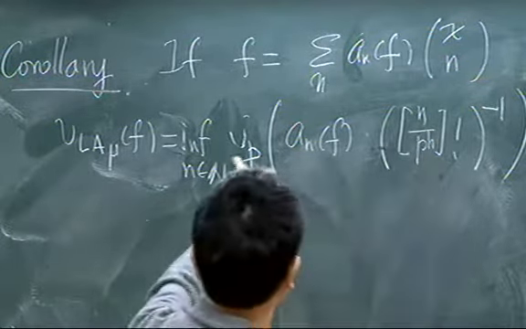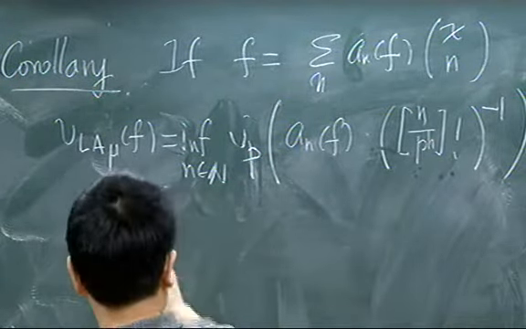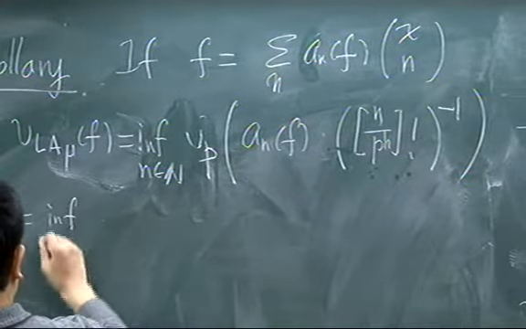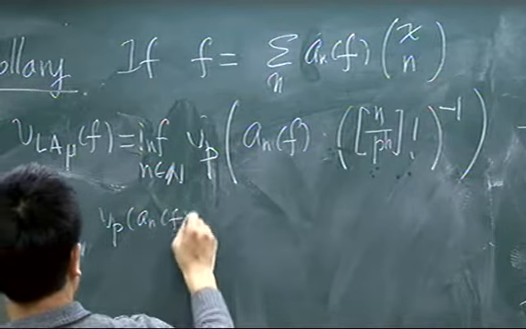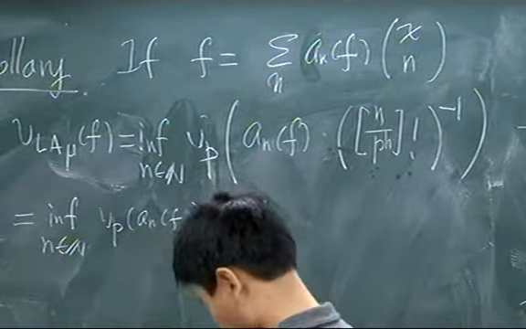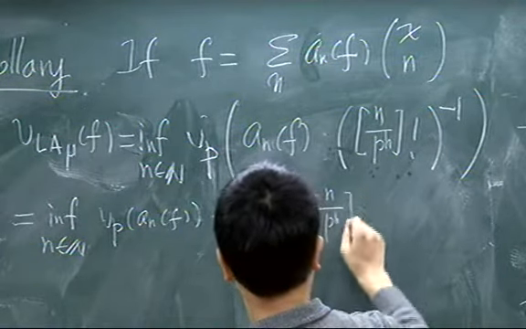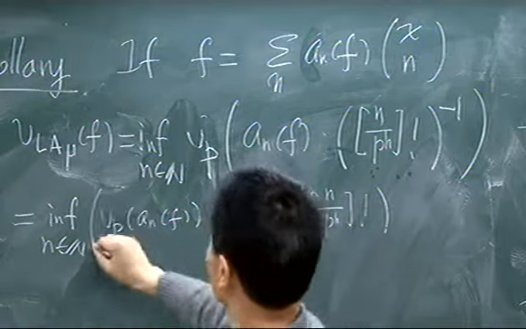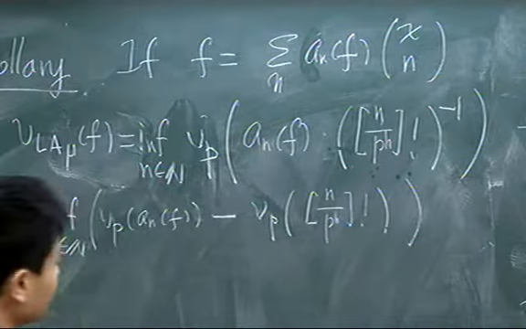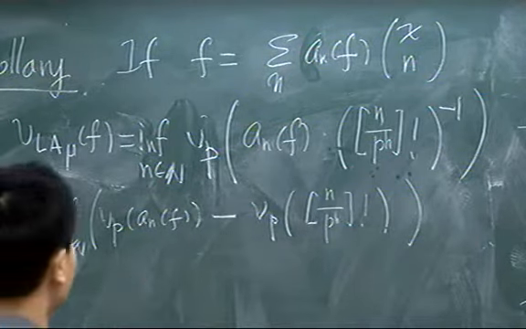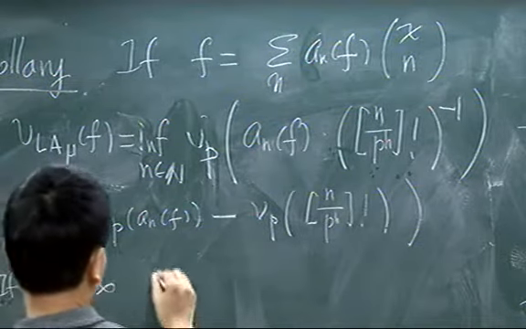This is VP of this, so this is VP ANF minus VP, okay? So it's just this. This is one of the corollaries we need. And now if n goes to infinity, you can find this.